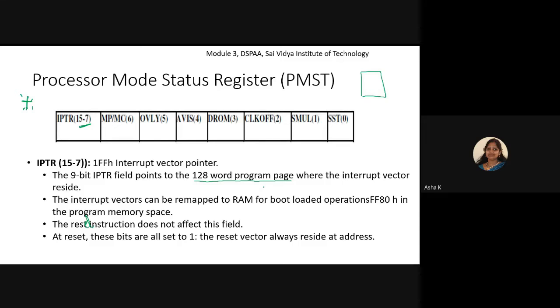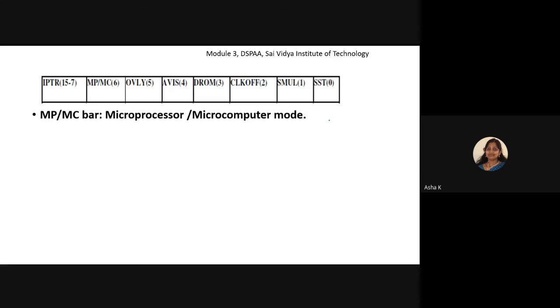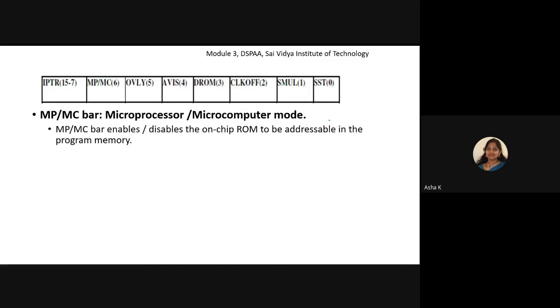And we have the next one, the sixth bit field, which is called the microprocessor or microcomputer mode. And this is overlay, address visibility mode, and we have DROM, clock off, saturation on multiplication, saturation on store. So the next one we have is MP/MC bar, that is microprocessor or microcomputer mode. It enables or disables the on-chip read-only memory.